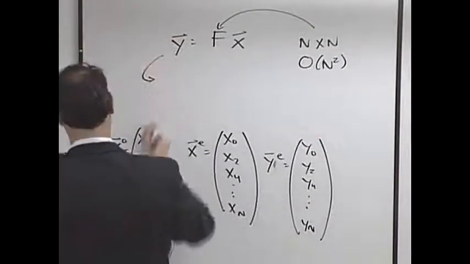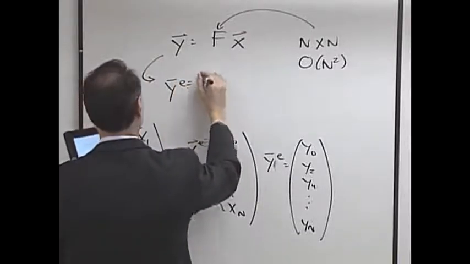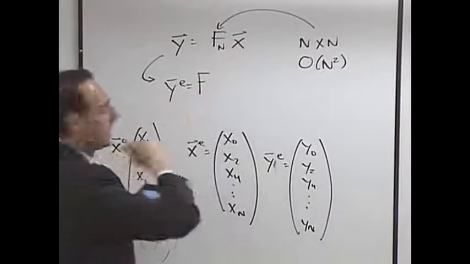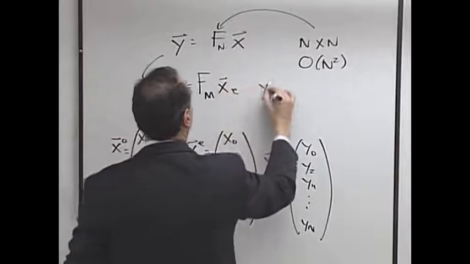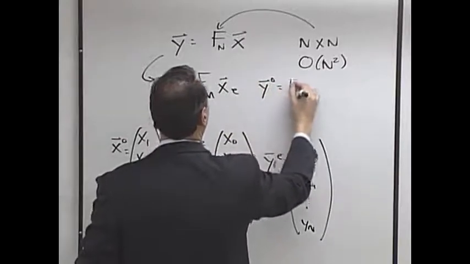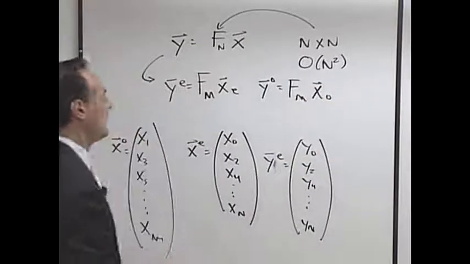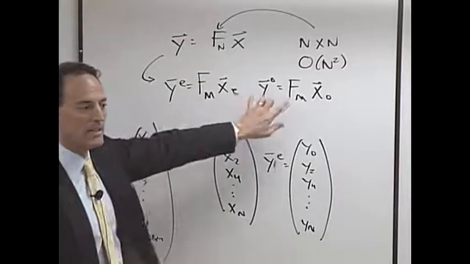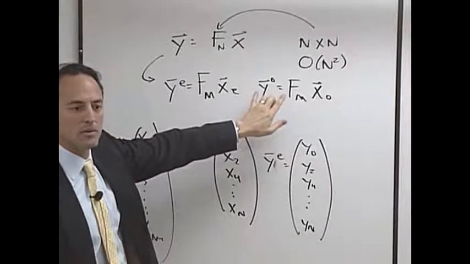This problem here, let's put an n there, that's the size of that matrix, n by n, can now be written as two problems, and they separate. That is what that relationship allows you to do.